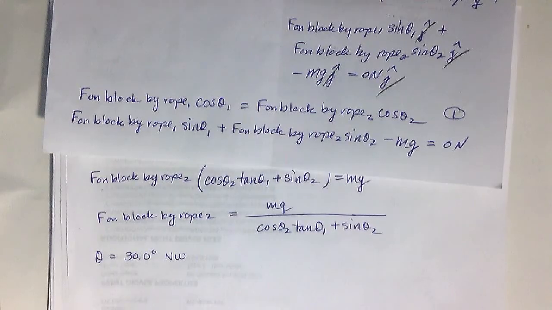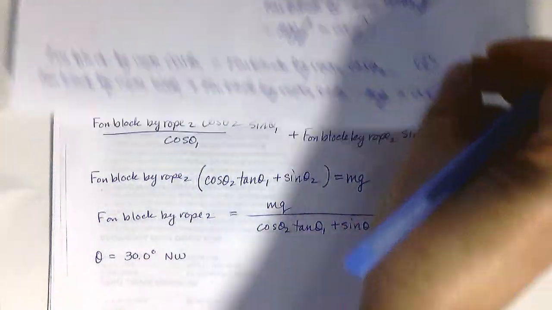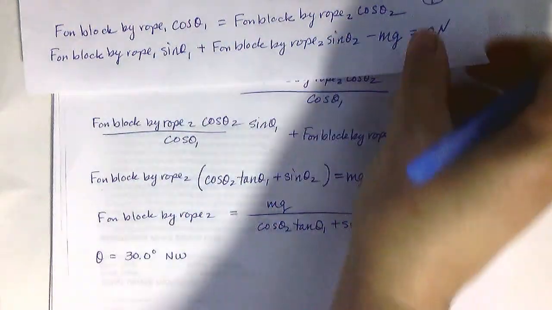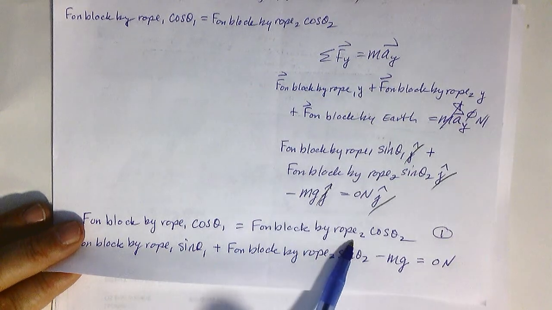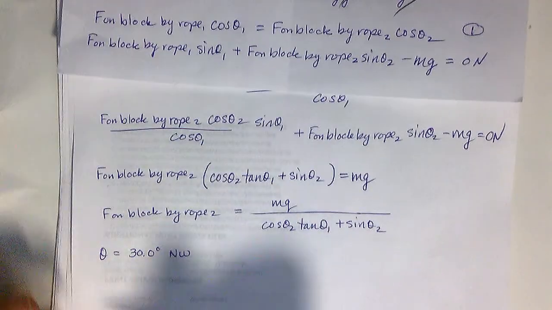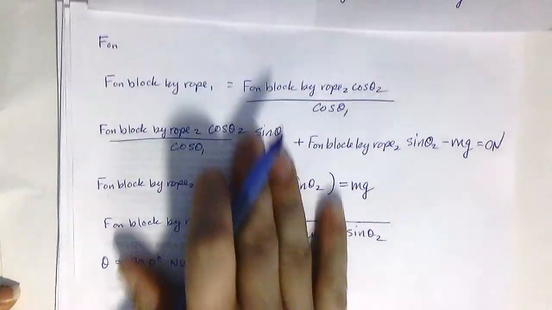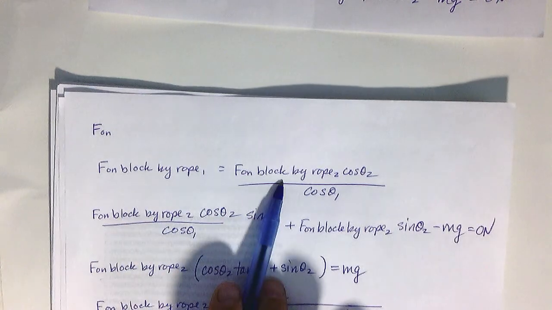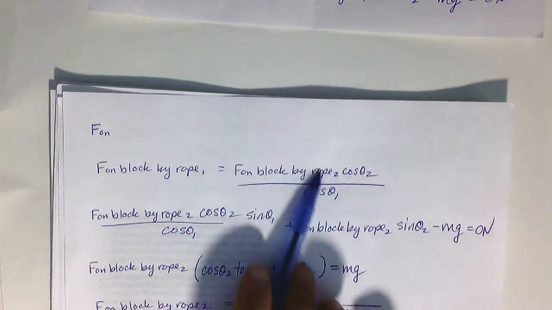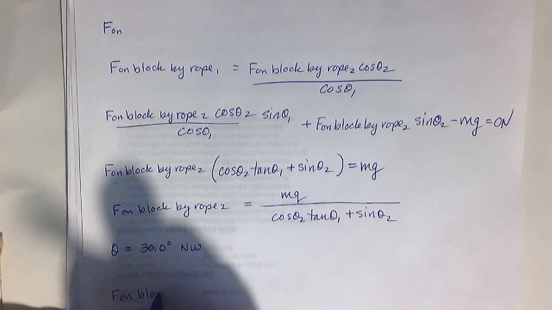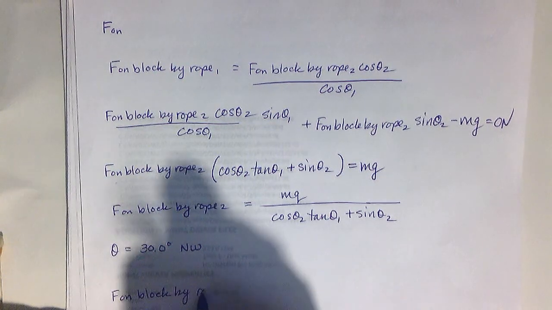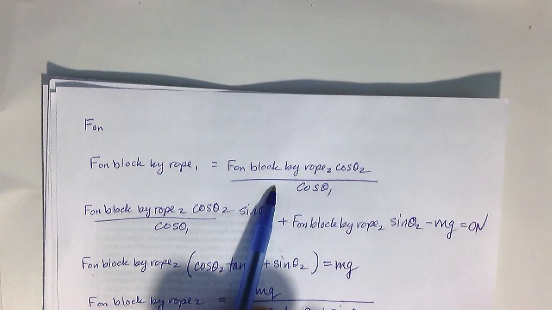Now we're ready to solve for force on block by rope 1. We're just going to substitute in for force on block by rope 2, and I already have it solved right here. Here I've divided both sides by cosine theta 1 already.